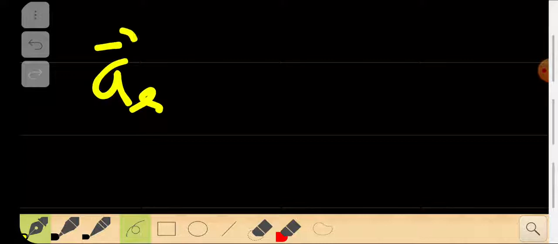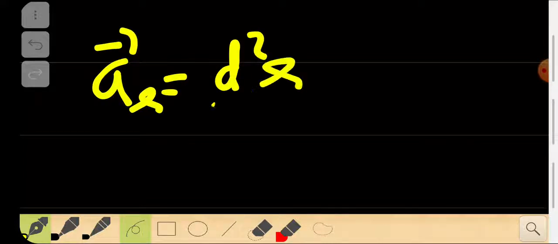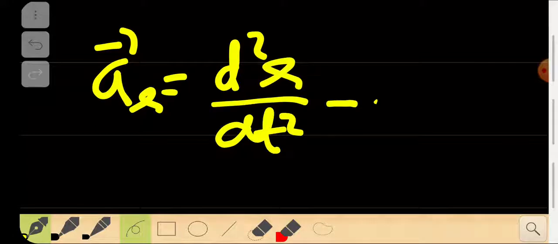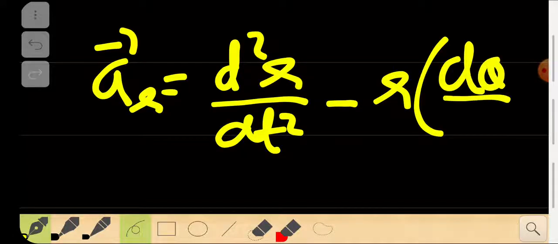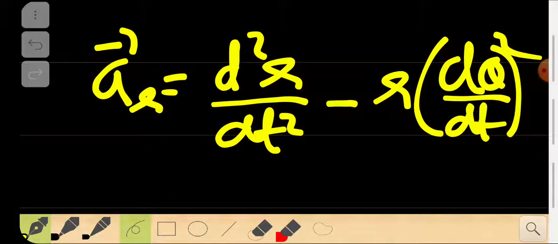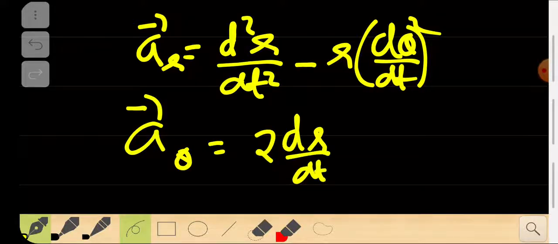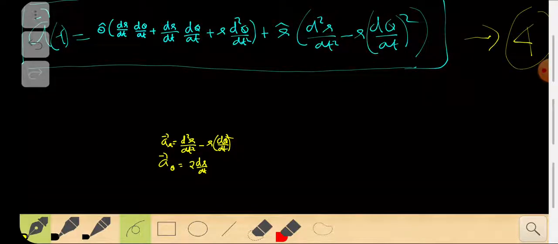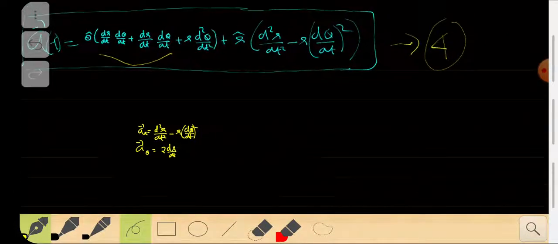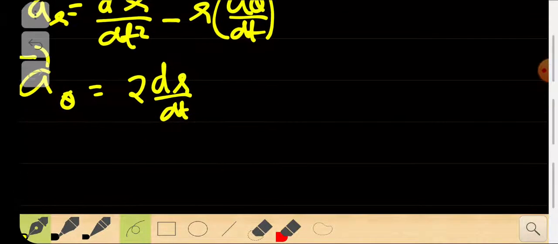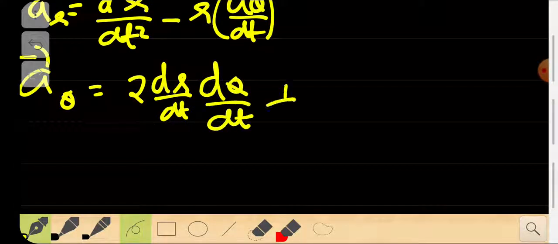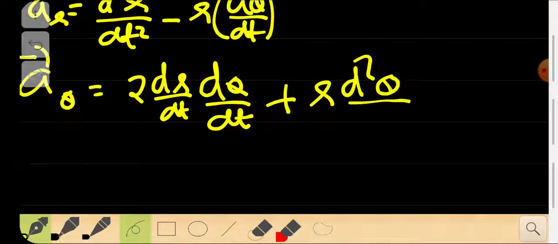I'm going to write them as simply as possible. A in the r cap direction is d²r/dt² minus r times (dθ/dt) the whole squared. That's the r component. And in the theta component I have 2 times dr/dt times dθ/dt, plus r d²θ/dt².